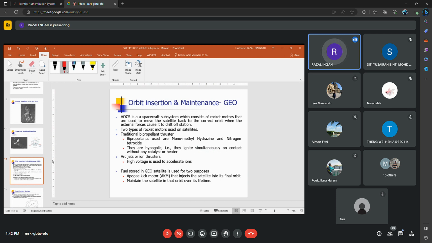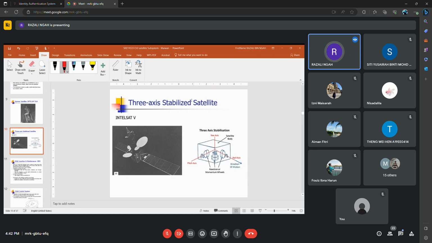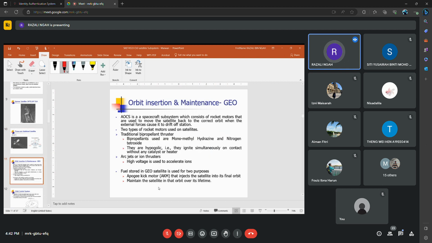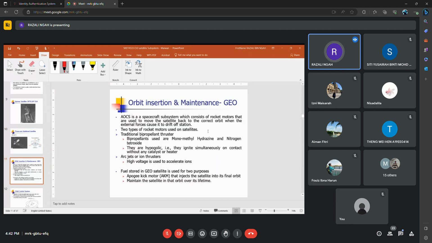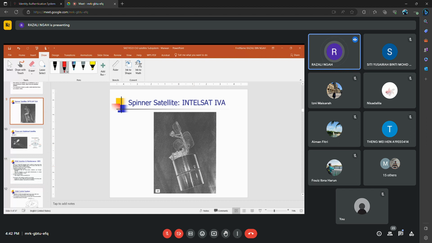If the satellite is drifting, moving from the correct position, we need to turn on the rocket motor on the satellite to move it back to the correct position. That's why earlier in my lecture we said that we bring fuel.